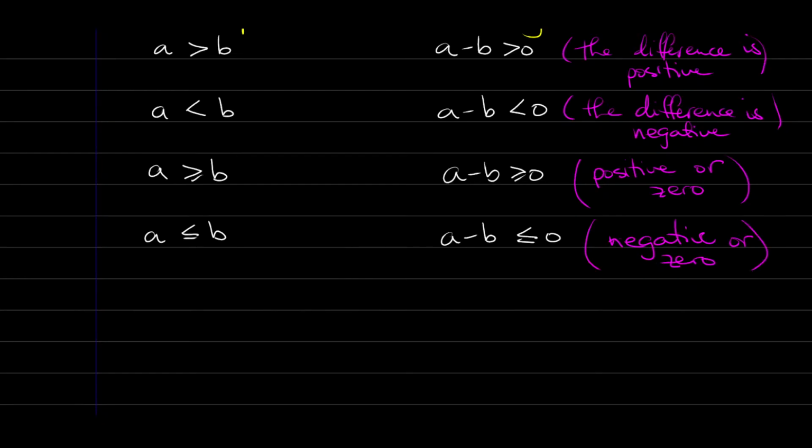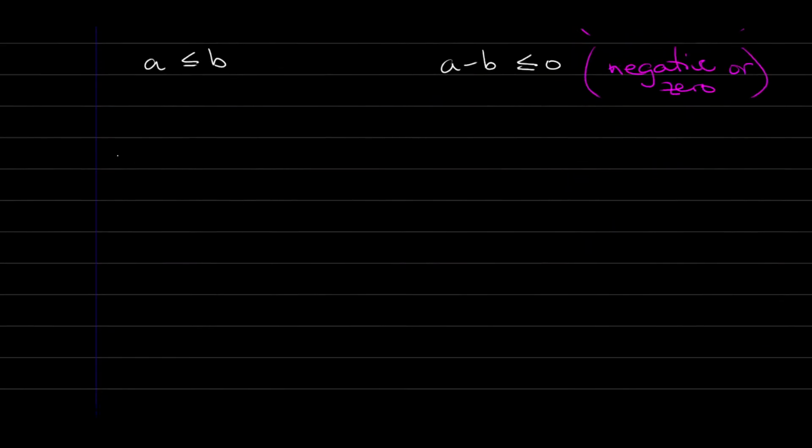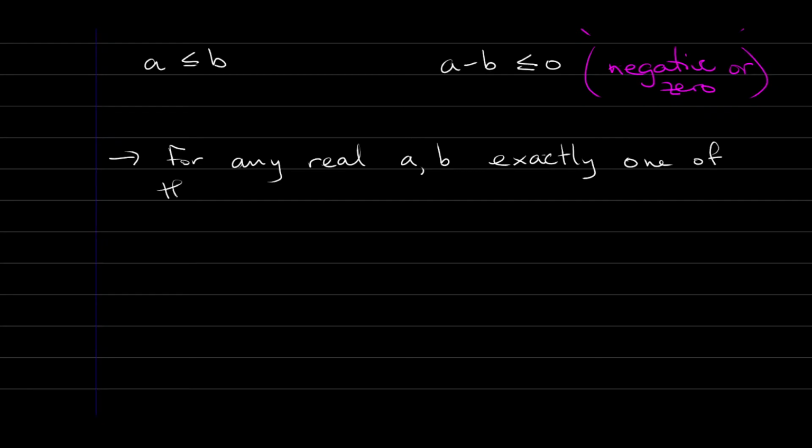And here's a couple things that you need to remember as well, along with these relationships. For any real A, B, exactly one of these is true, and that is that A must be either less than B, it must be equal to B, or it must be greater than B. So one of these must be true.